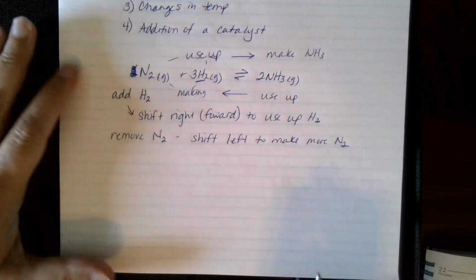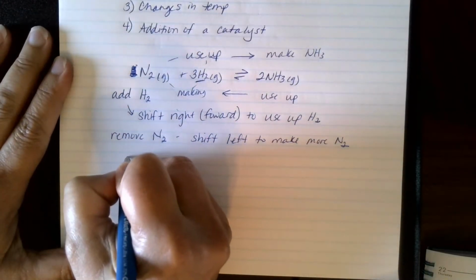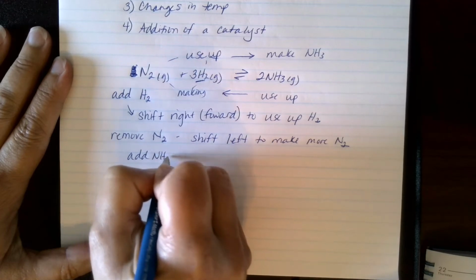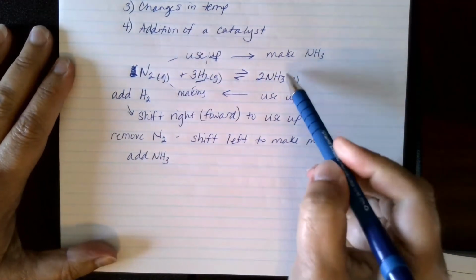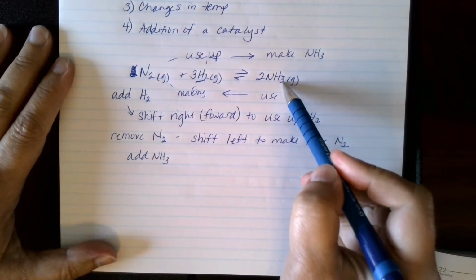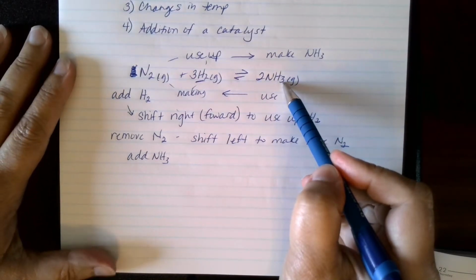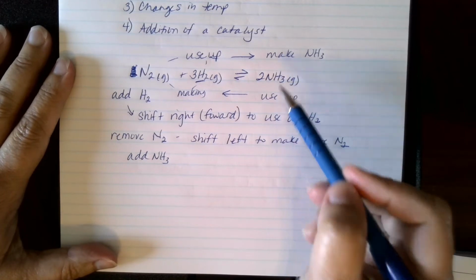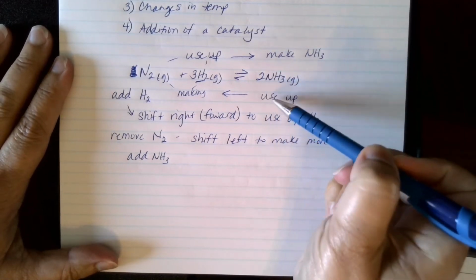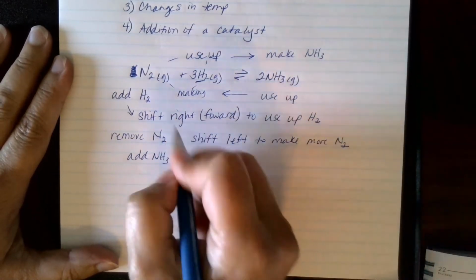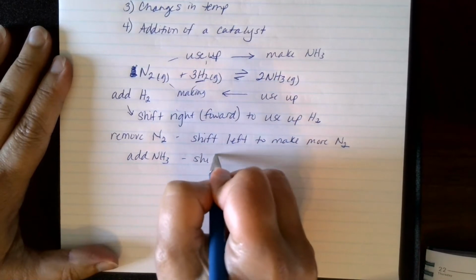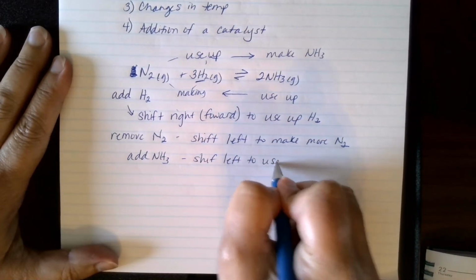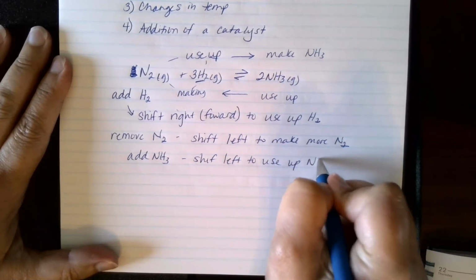All right, let's say that I am going to add NH3. If I add more NH3, the reaction says, oh no, I don't want that stuff, I want to get rid of it. So if I dump in more NH3, it needs to use it up, so it needs to shift to the left in order to use up the NH3.